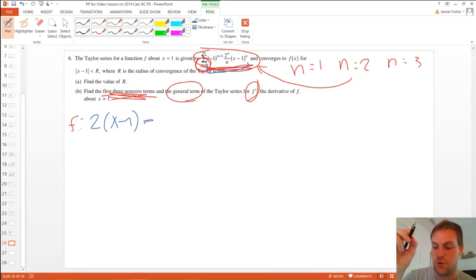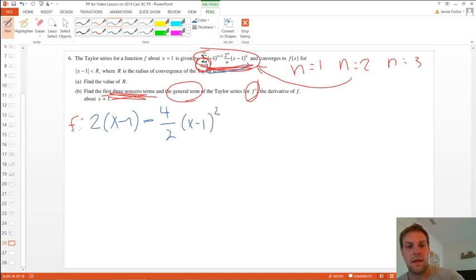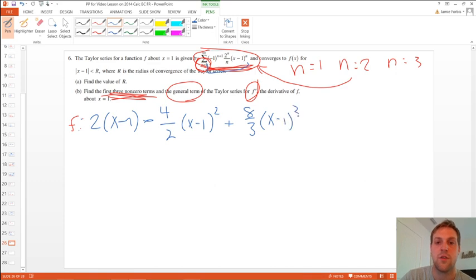For the 2 to the n, we're going to have 4. For the denominator, we're going to have 2. And that's going to be x minus 1 to the second. And then if I plug 3 into that, we're going to go back to a positive term. It's an alternating series. I'm going to have 2 to the third, which is 8 over 3, and then x minus 1 to the third. So that's if I plug in my first 3 terms.